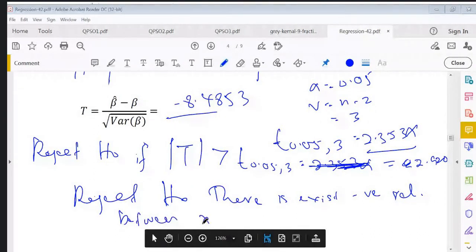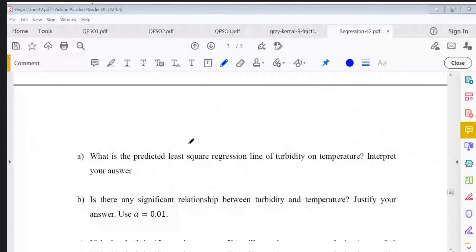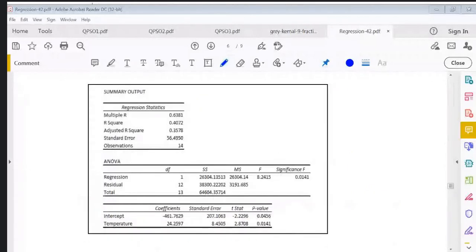Okay, there is one more question. Look at this question, for number 3. What is the value A, what is the value B?